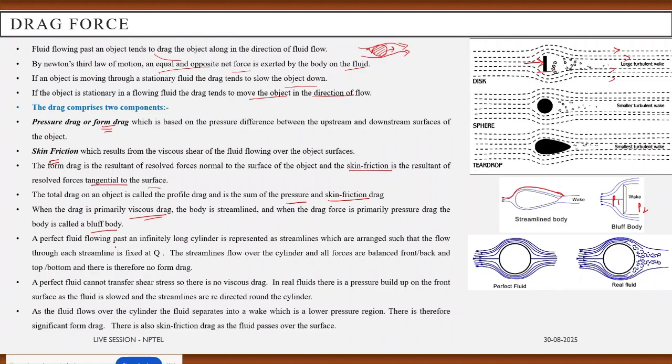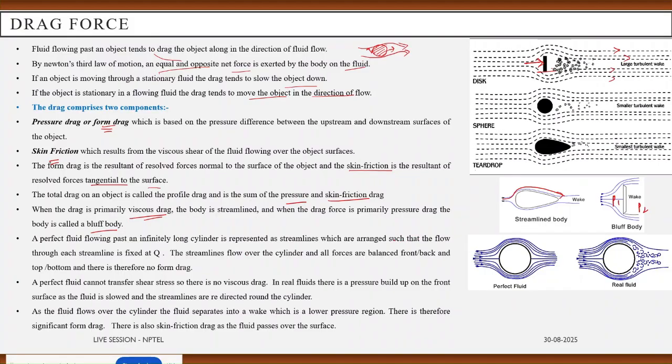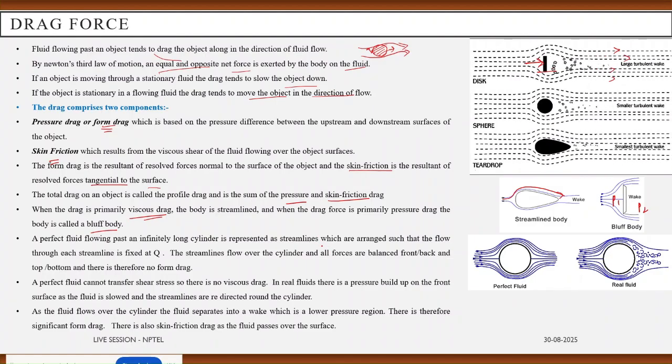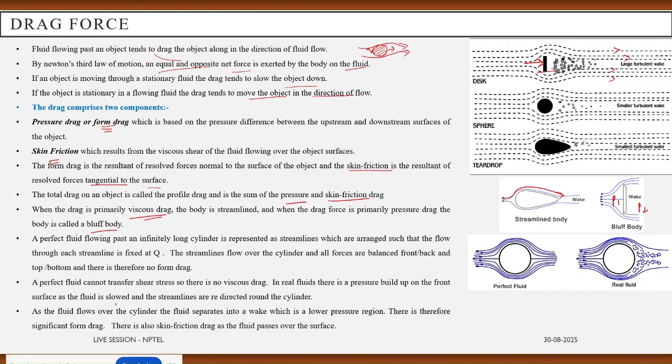A perfect fluid flowing past an infinitely long cylinder is represented as streamlines which are arranged such that the flow through each streamline is fixed.